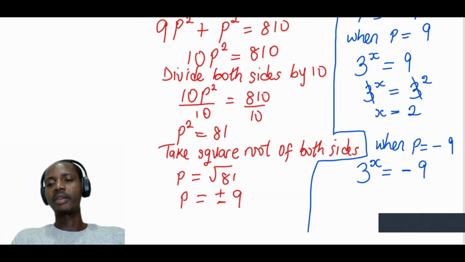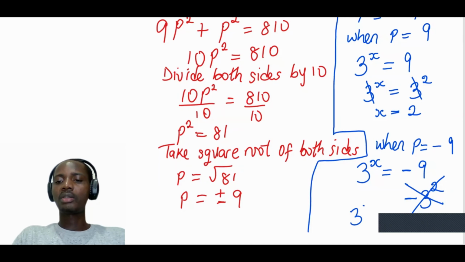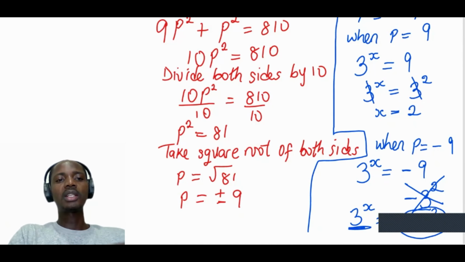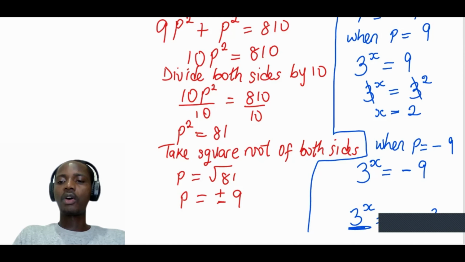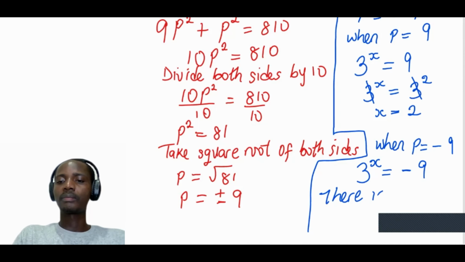Now, do not make the mistake of having this to be maybe negative 3 to the second power. If you use this, you are going to be having 3 to the power of x equal to negative 3 to the second power. Now, what you have here is not to the base of 3. So what does this imply? It implies that for p equal to negative 9, there is no solution.